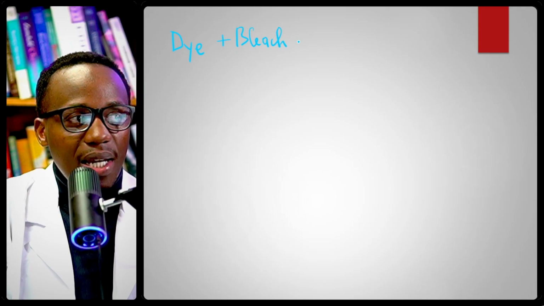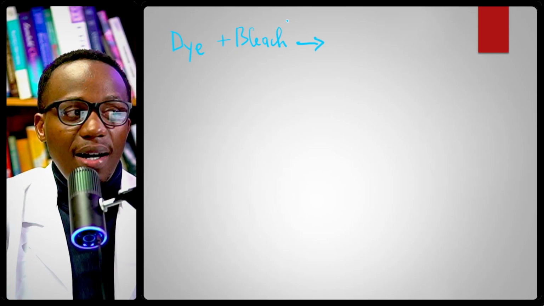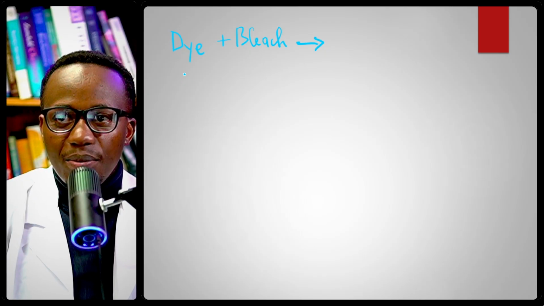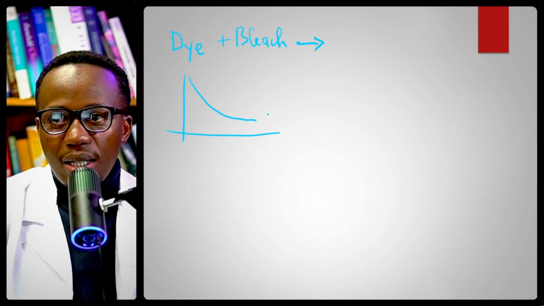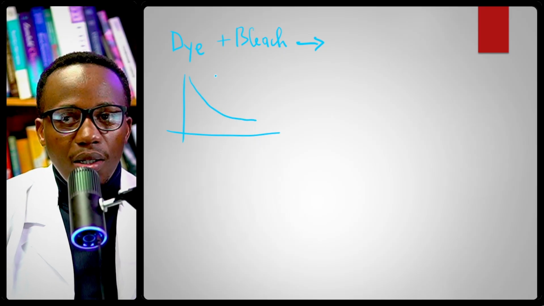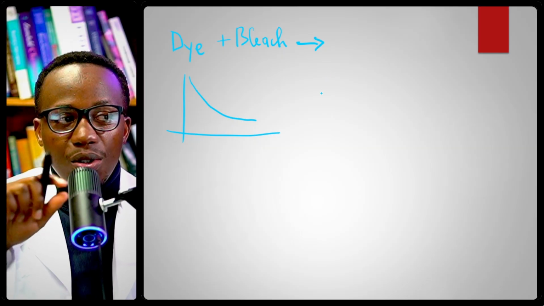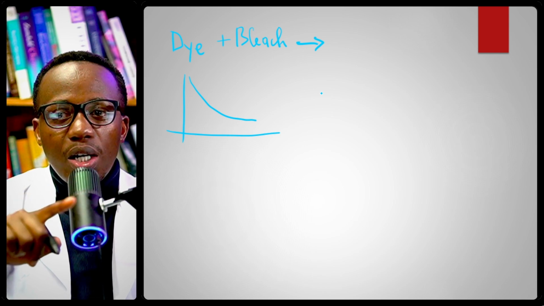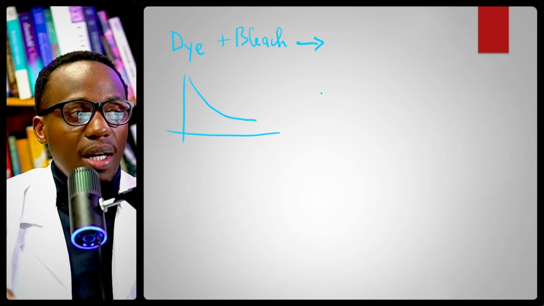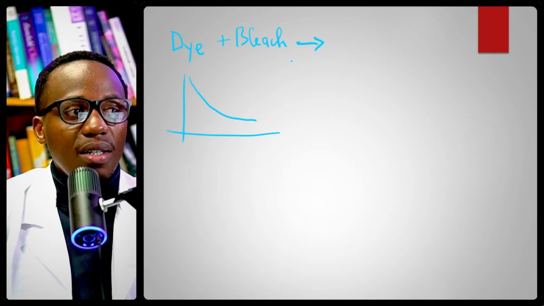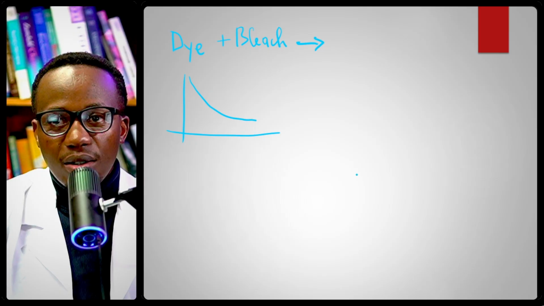So if you add food dye and bleach, this is a chemical reaction, and the blue dye will go down over time. And then guess what? We're going to use a phone app to measure the concentration over time. So you will have a timer and an app that can measure the color. So over time, you're going to measure the disappearance of the color.